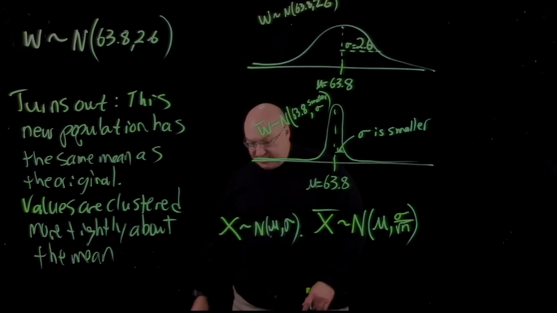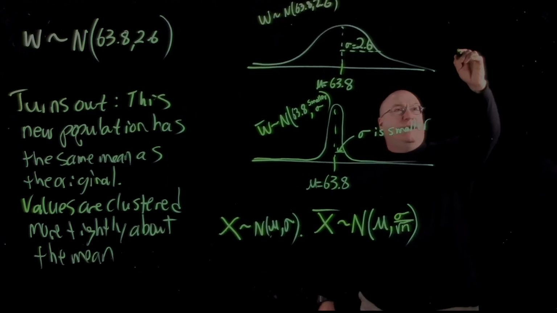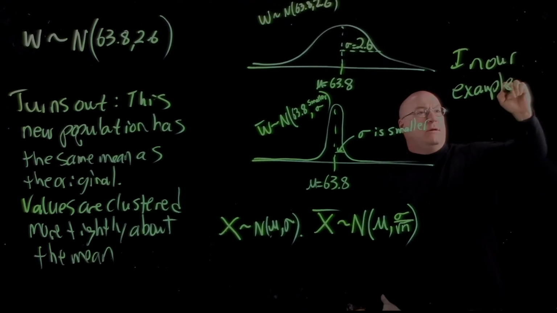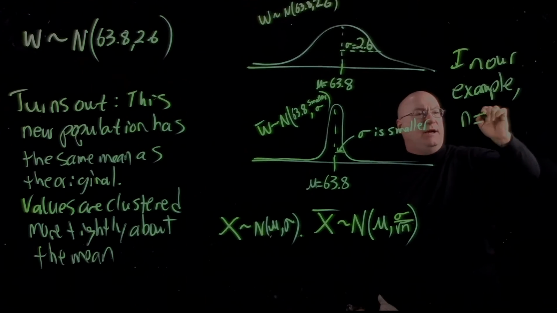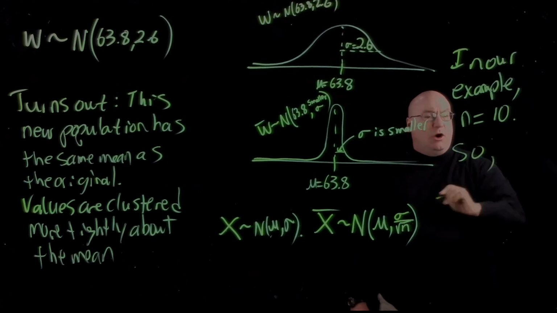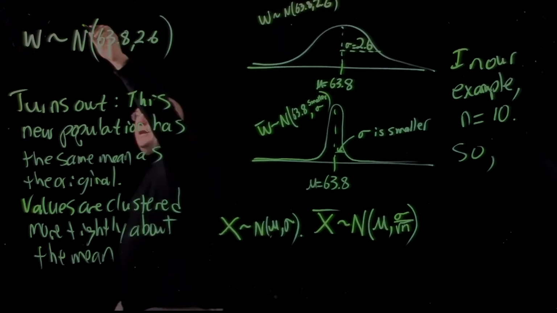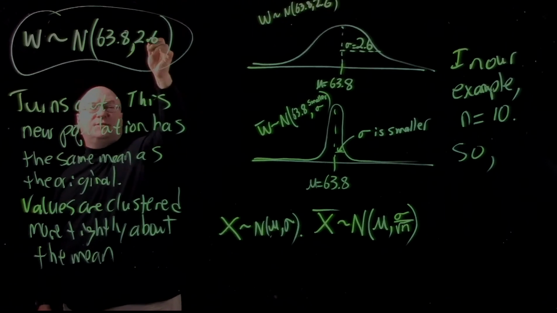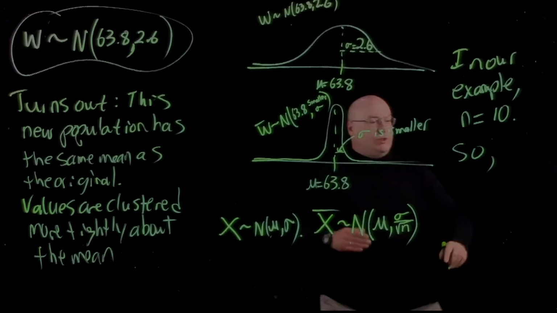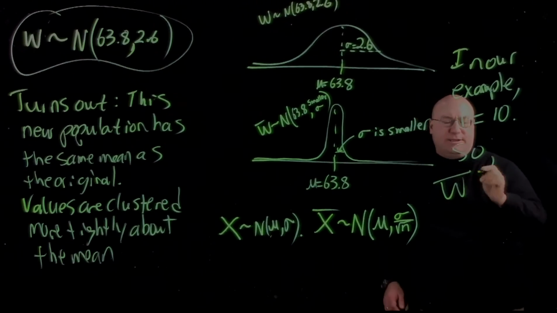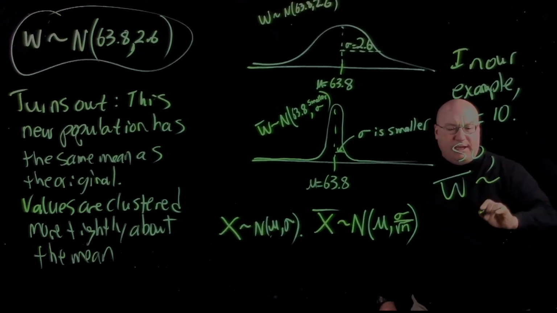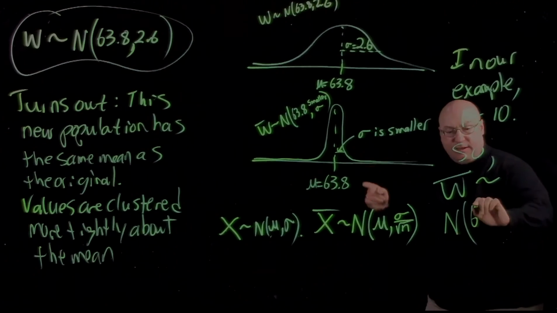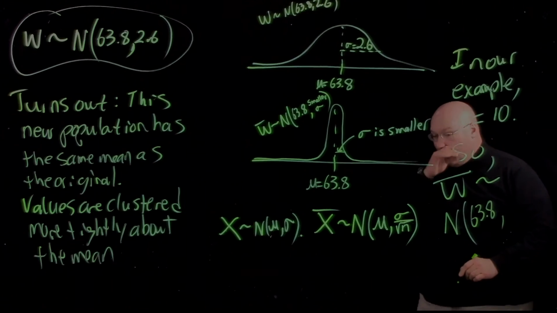In fact, in our example, let's see, I guess I got room here. In our example, n equals 10. So what's W? W is right here, 63.8, 2.6, normally distributed. So W bar for the mean is normally distributed with the same mean, comma, and then what will it be?